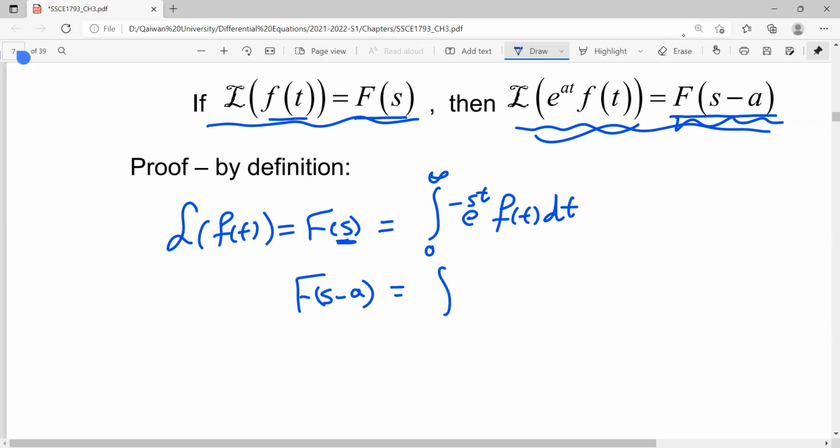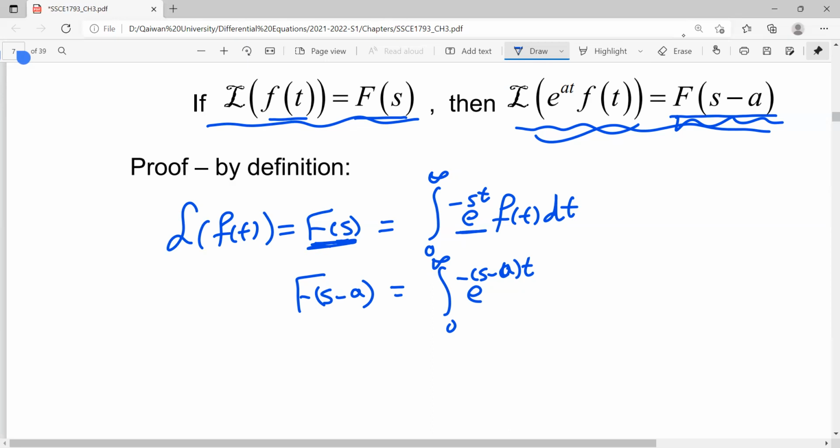That equals the integration from 0 to infinity of e to the power, where we replace s by s minus a, times f of t dt. Just here we say F of s equals the integral of e to the power minus st f of t dt. How about F of s minus a?